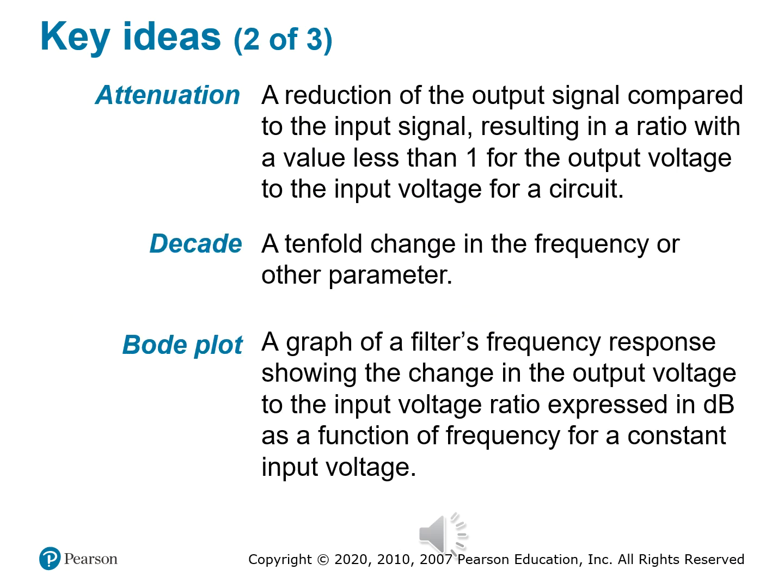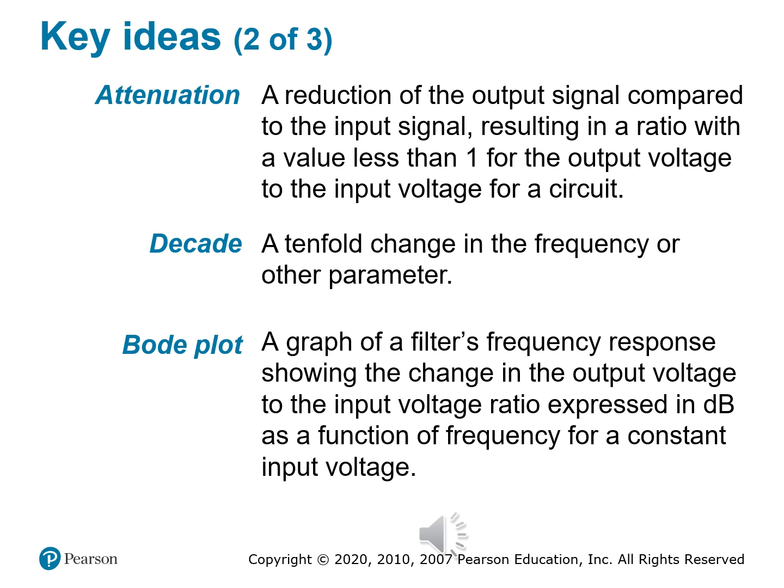Key ideas, slide 2 of 3. The next term is attenuation, a reduction of the output signal compared to the input signal, resulting in a ratio with a value less than 1 for the output voltage to the input voltage for a circuit. Next term is decade, a tenfold range in the frequency or other parameter.